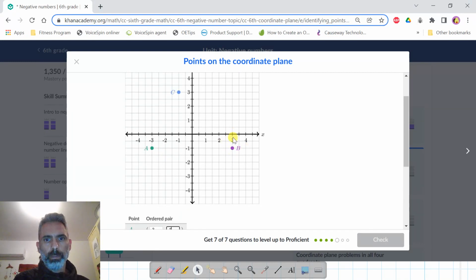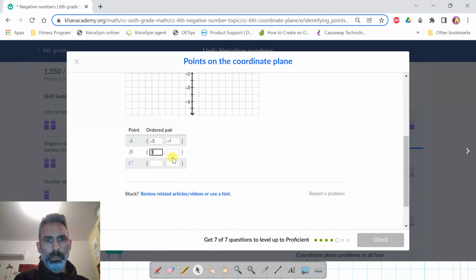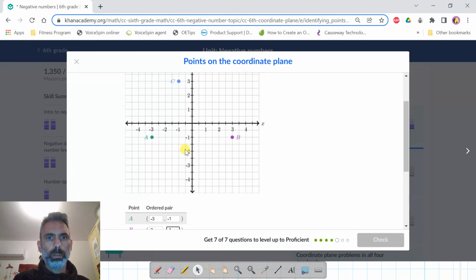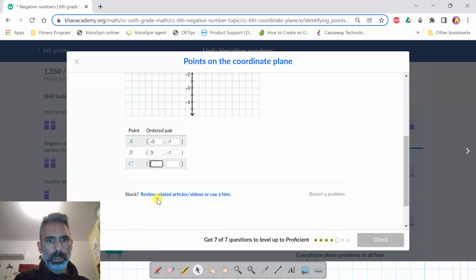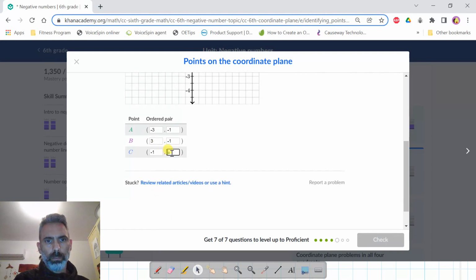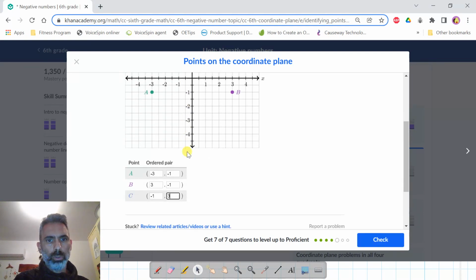B, 3 on the x, negative 1 on the y. C, negative 1 on the x, 3 on the y. Let's make sure.